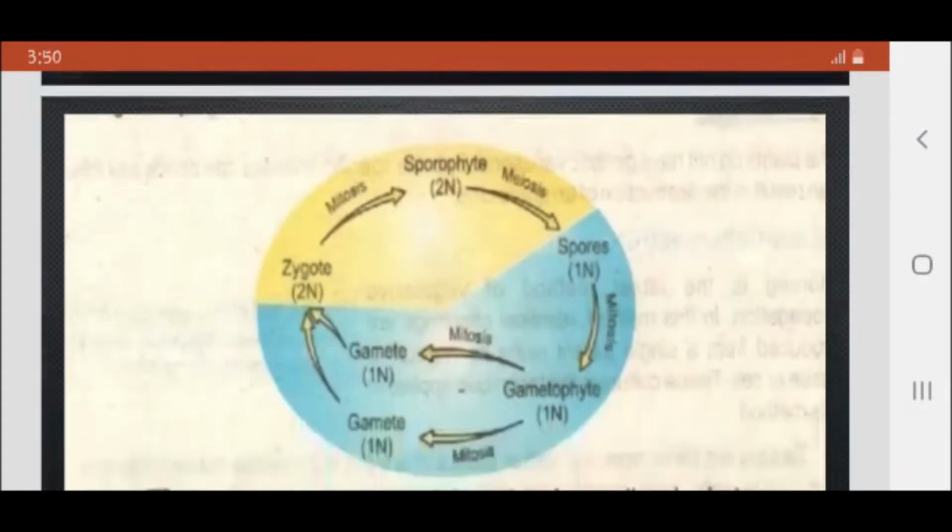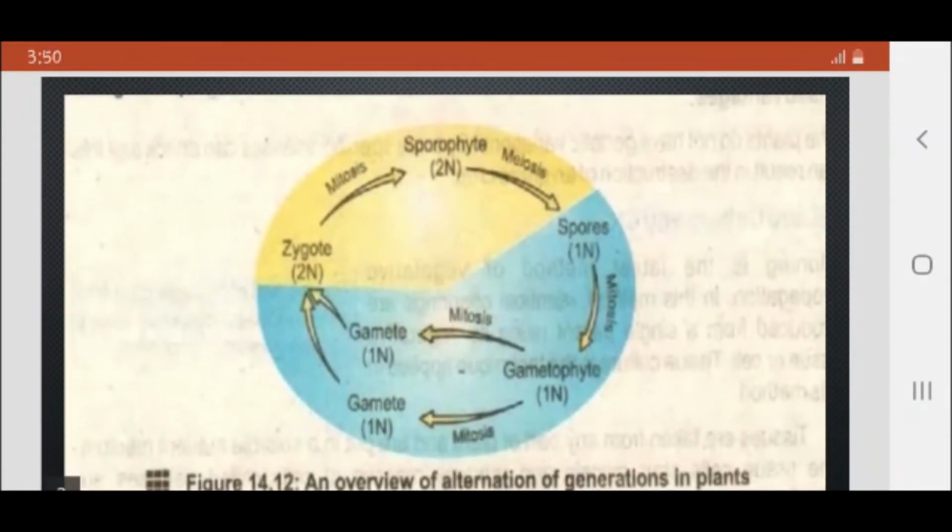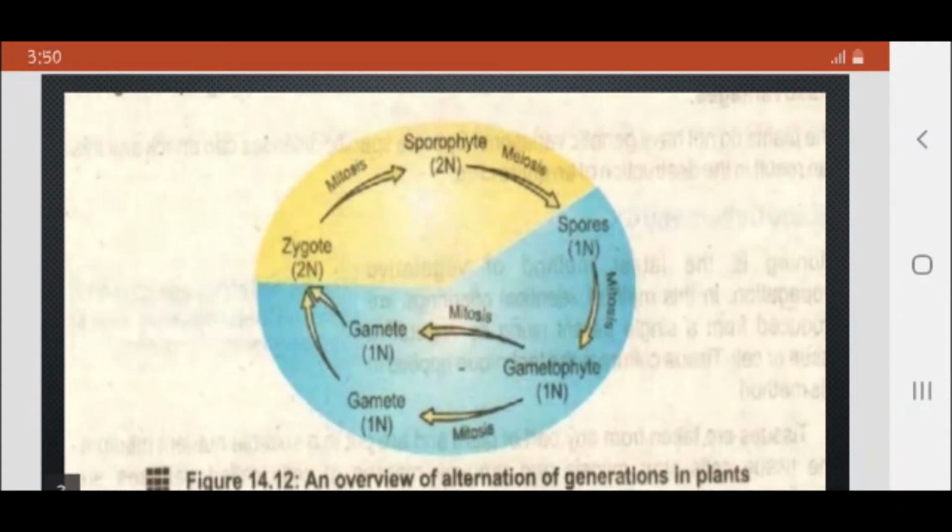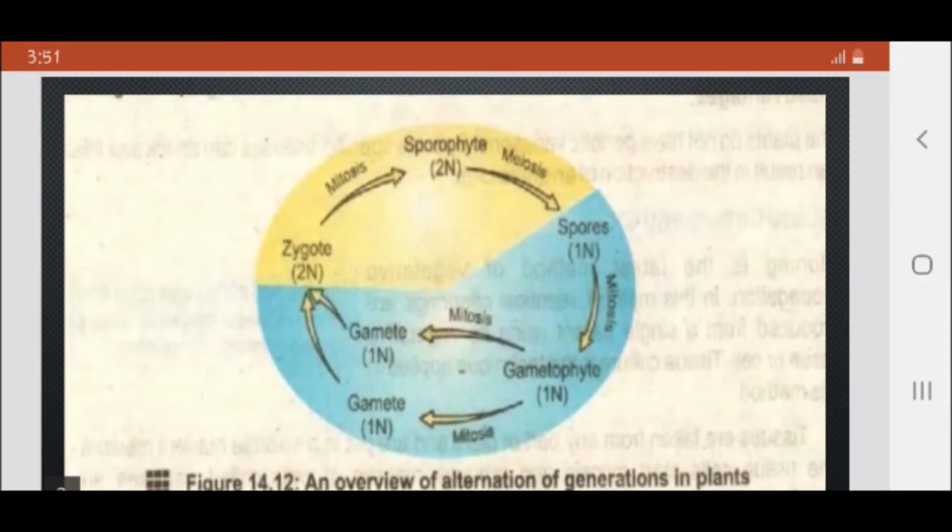Now look at this diagram. You have a sporophyte that is diploid. And this generation undergo a process that is called meiosis and produce haploid spore. These spores, after mitosis, produce a generation that is called gametophyte. And these gametophyte produce male and female gamete cell, egg and sperms.